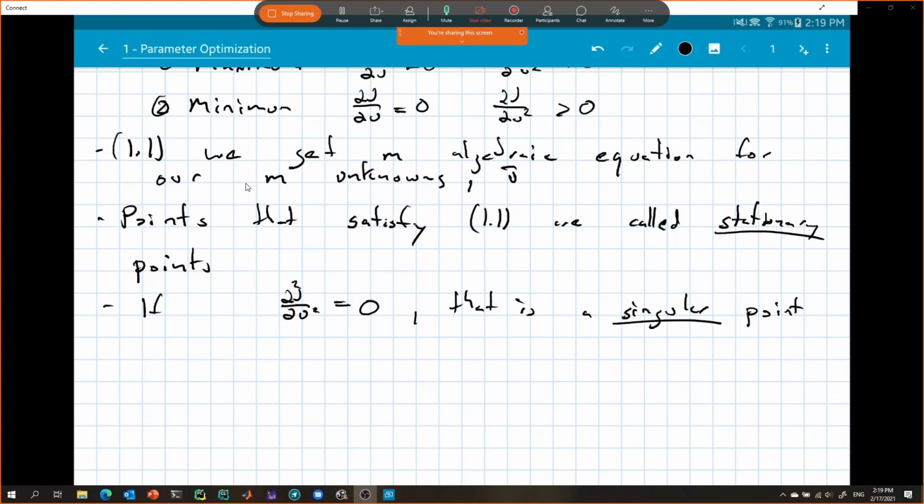That's going to come up later, too. So more information is needed to determine the optimality of these points.